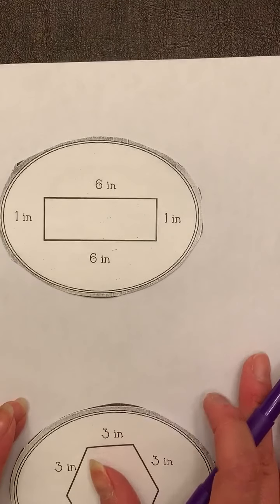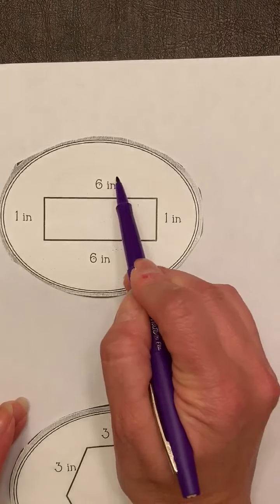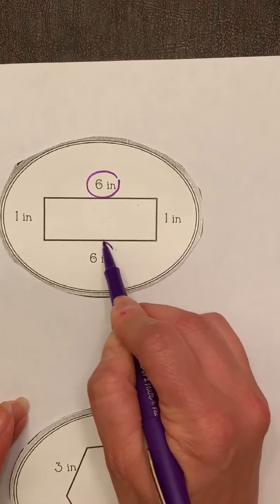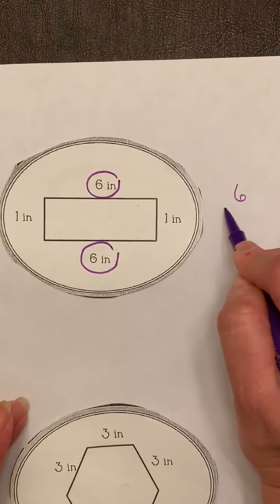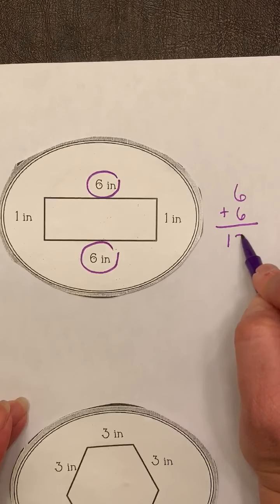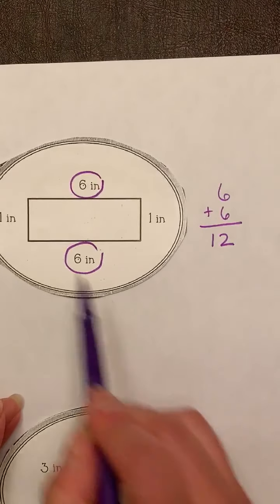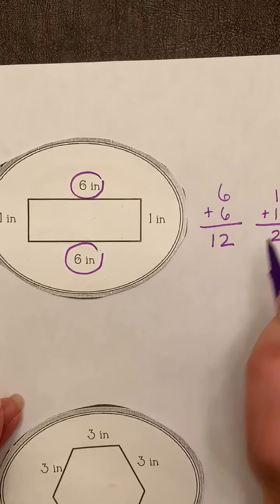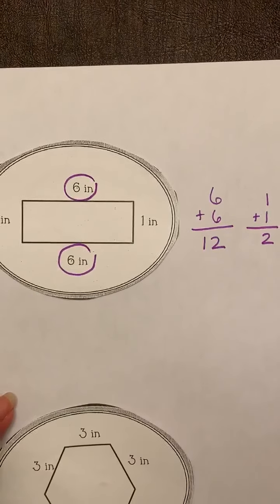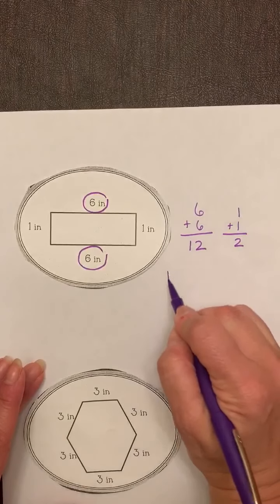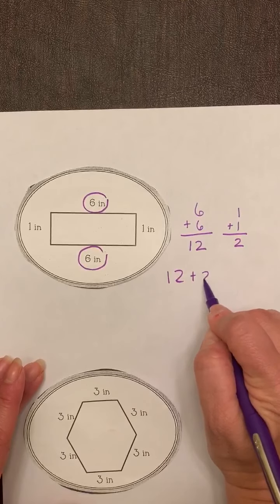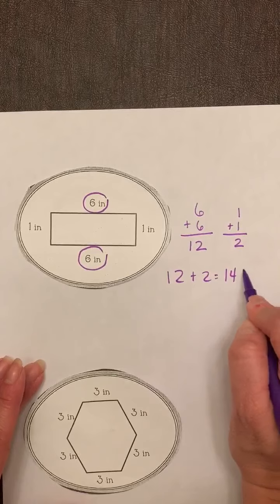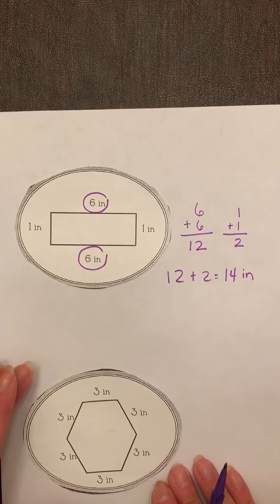For me, it's easier to start by adding the numbers that are the same. So I'm going to start by adding 6 plus 6, and I'm going to get 12. And I'm going to add my second set of numbers, 1 plus 1 is equal to 2. And now I'm going to add those lengths together. 12 plus 2 is equal to 14 inches.